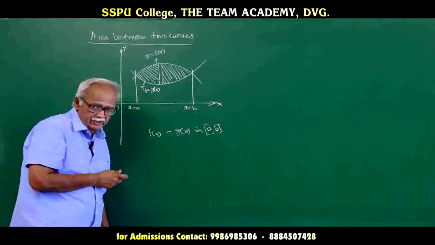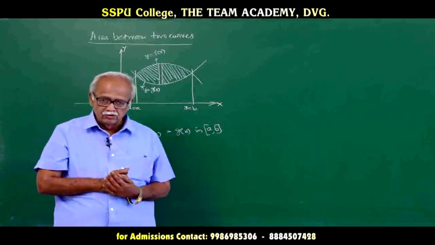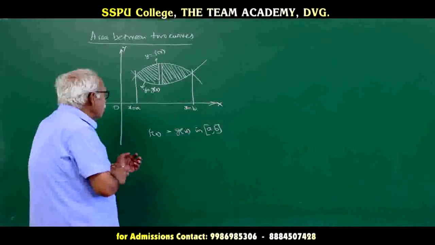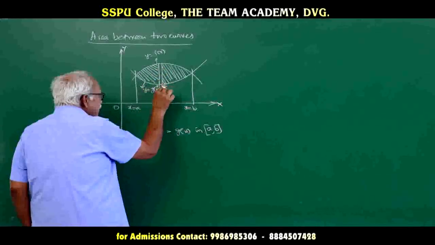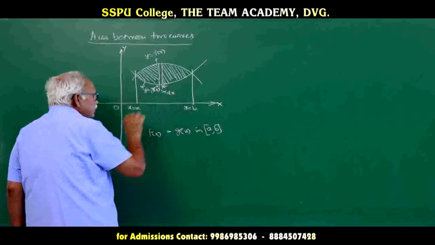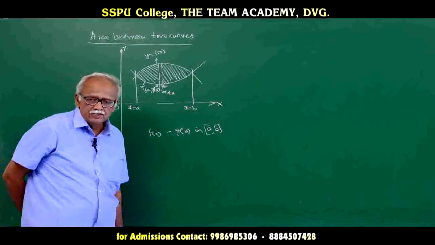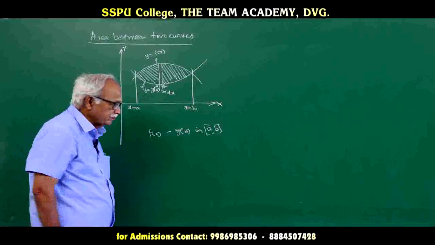How to develop the integral? For developing the integral, we have to consider a small strip here. In the figure, the small strip's width is taken as dx. What is the height of this strip?